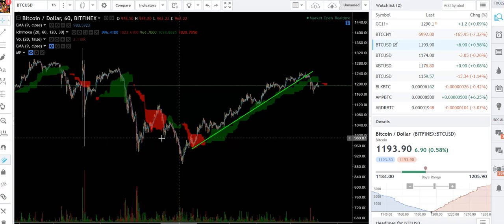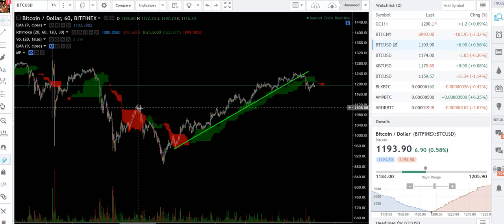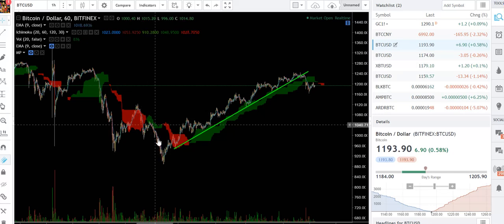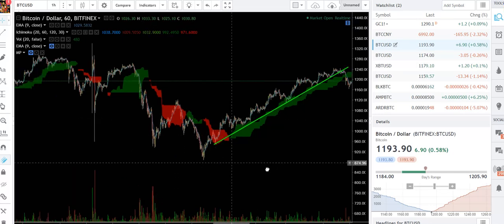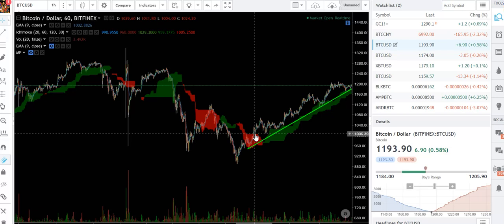And then right here, we broke out and we broke above the cloud for just maybe like 2 hours, and then we dove right back below the cloud here, and then we decided that we were going to keep trading under the cloud. So until Bitcoin rallied up right here and got above the Ichimoku cloud again, it was still questionable whether it was going to continue down or not.